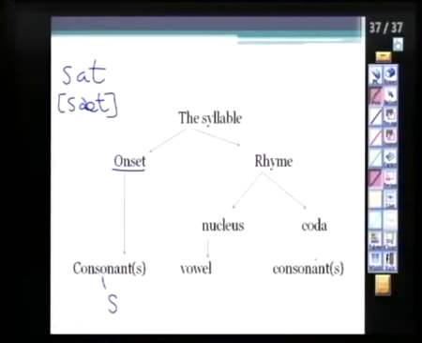Remember the word nucleus, it means the core of something, which means the most important thing in the syllable, which is the vowel. The vowel is a. The coda, which is the last consonant, could be one consonant or more. Just like T. Sat. Onset, nucleus, coda. Again, onset, sa, nucleus, a, coda, ta.